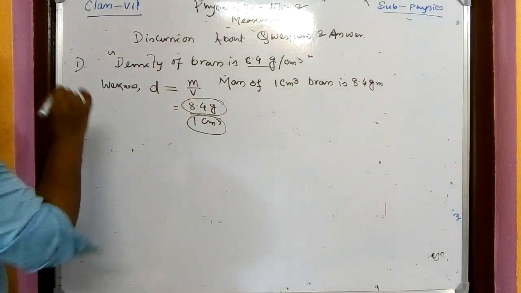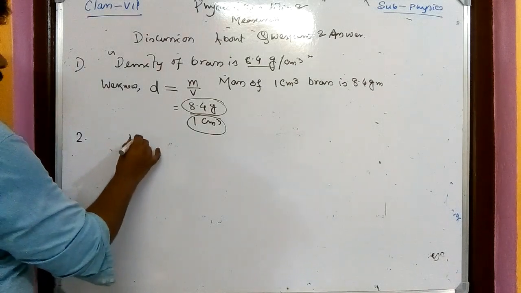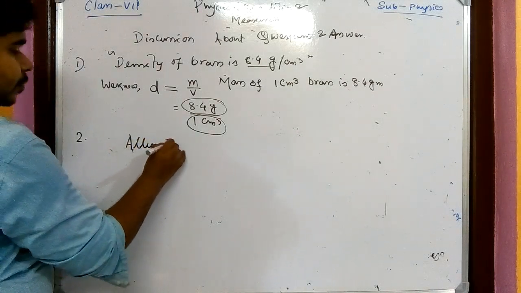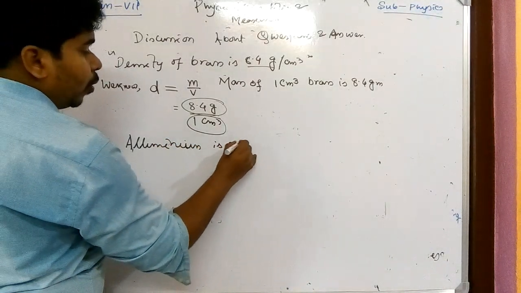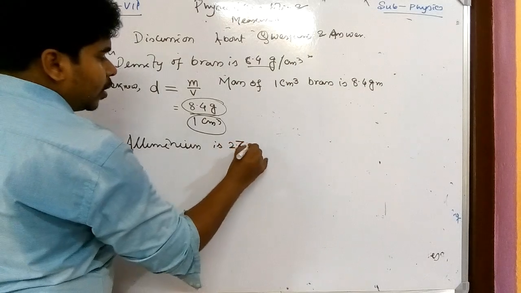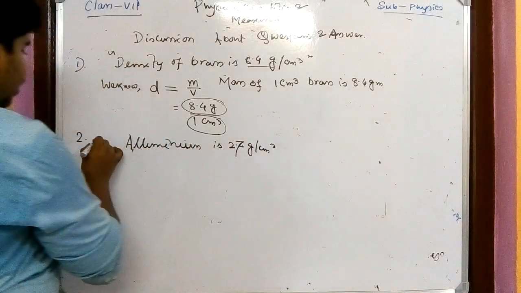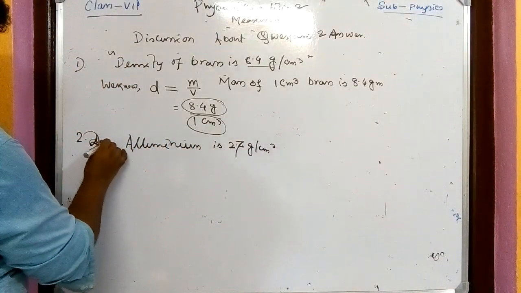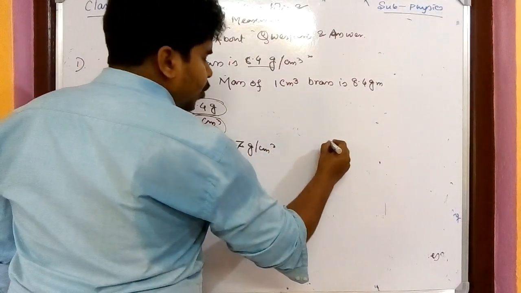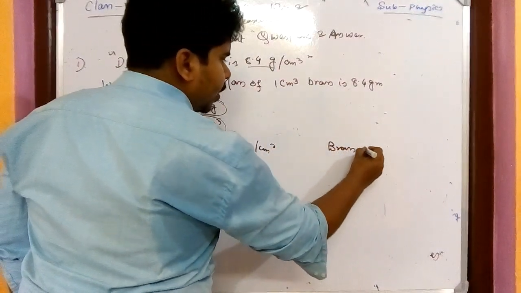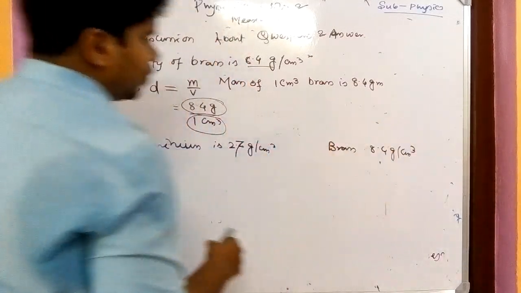Number 2. Assume the densities of two bodies are given to you. Assume density of aluminium is 2.7 gram per centimeter cube, and density of brass is 8.4 gram per centimeter cube.